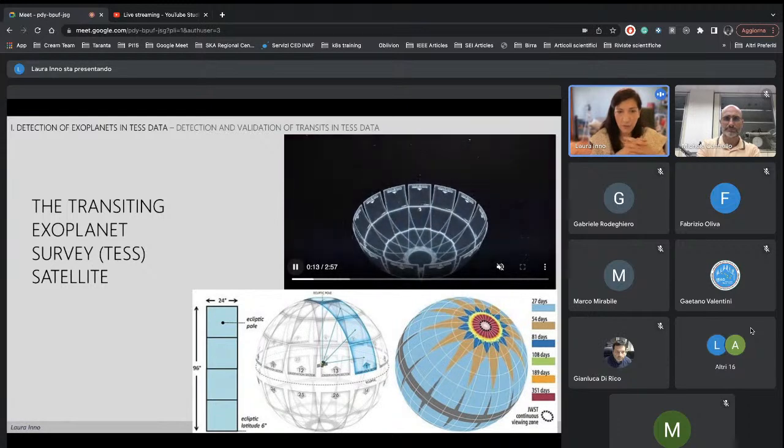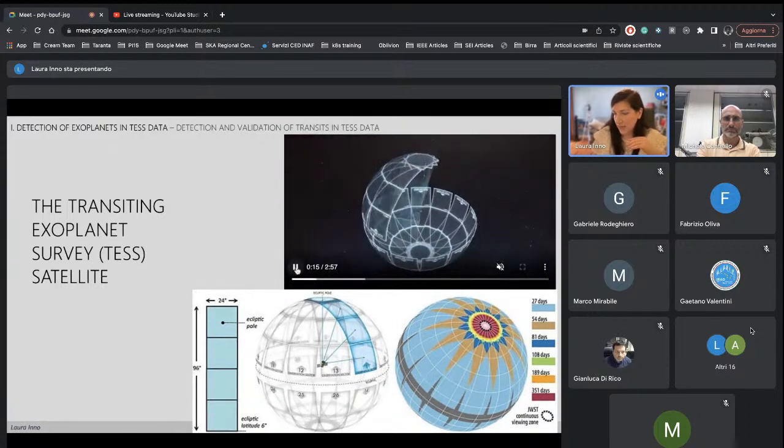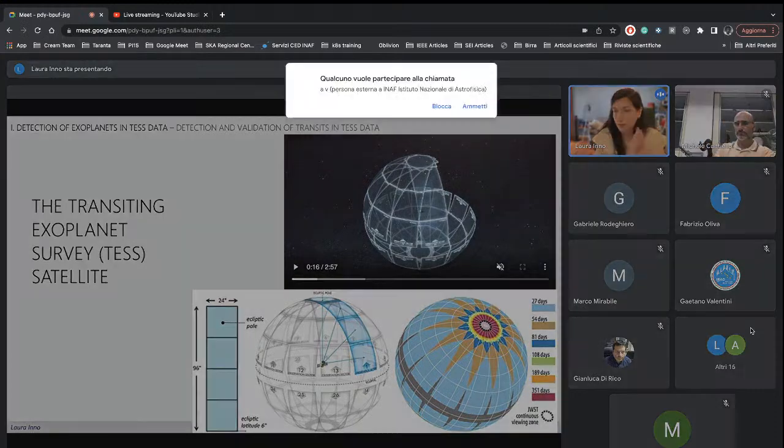The field of view of TESS is very big, 24 degrees by 96 degrees. So TESS will point to a given position, observe that sector of the sky for 27 days, and then move to the next one. Basically, in the 2 years of the nominal mission, TESS surveyed 76% of the entire sky.